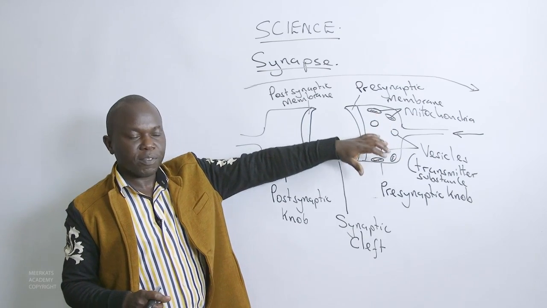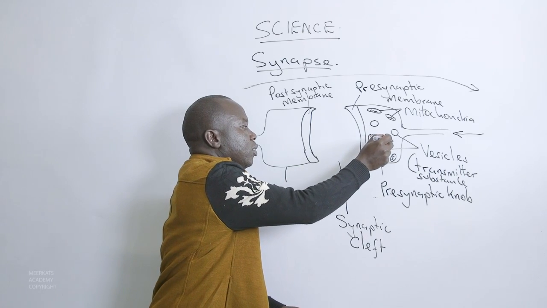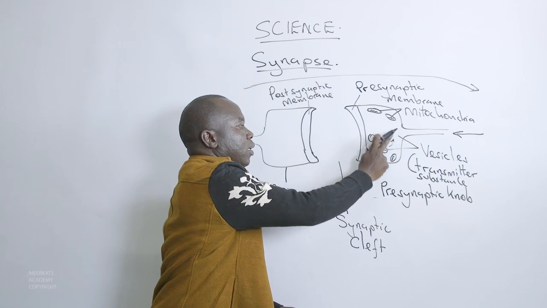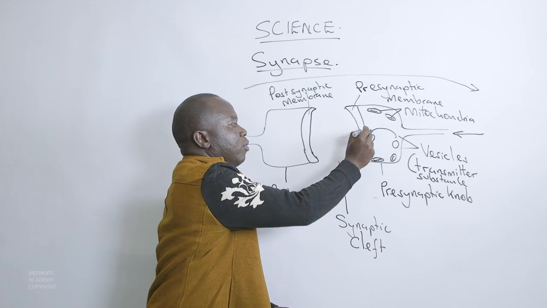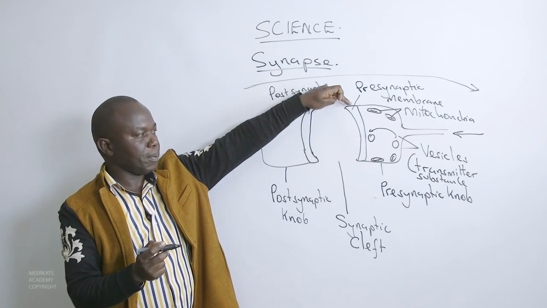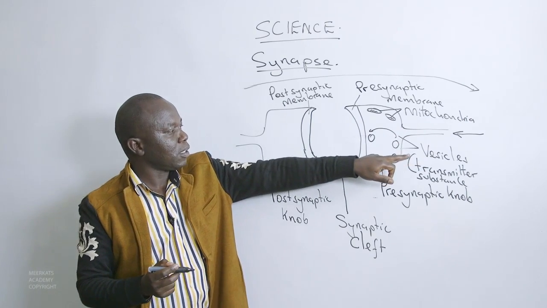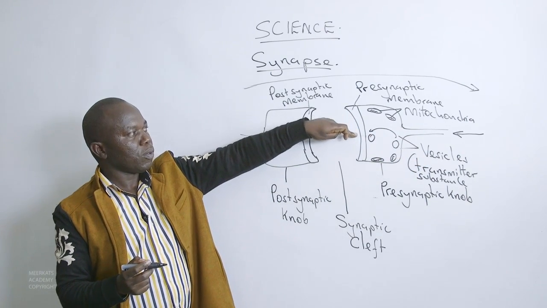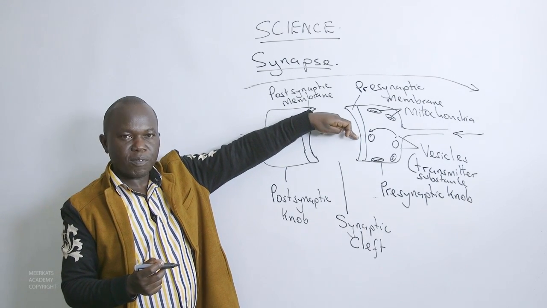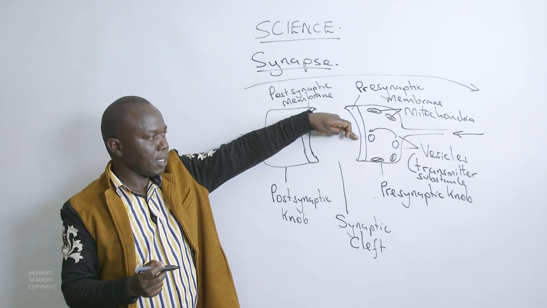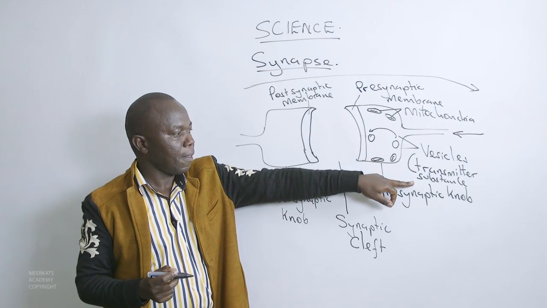But first of all, before the vesicles release transmitter substance, they have to move. If it was one vesicle here, it will move close to the presynaptic membrane. So the neuron has stimulated the vesicles to move closer to the presynaptic membrane. After moving closer, it releases transmitter substance.